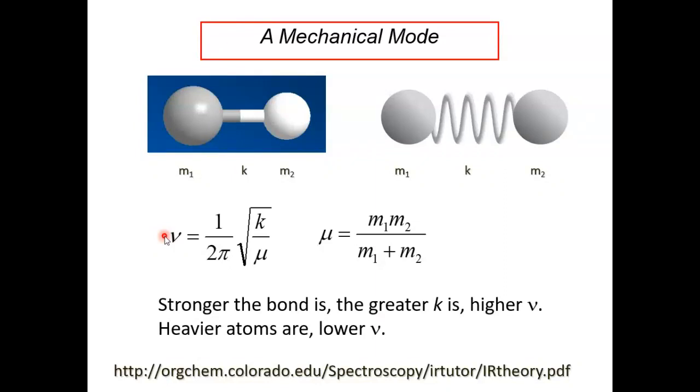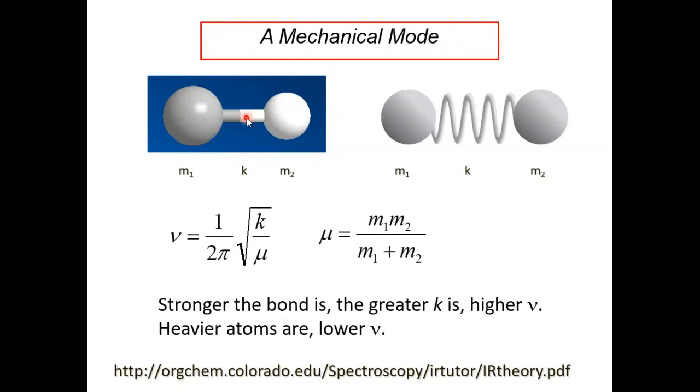When we consider the stretching vibration of a chemical bond, we can treat it using a ball and spring model. Basically, this is a chemical bond. M1 and M2 are the masses of the two atoms participating in the chemical bond.